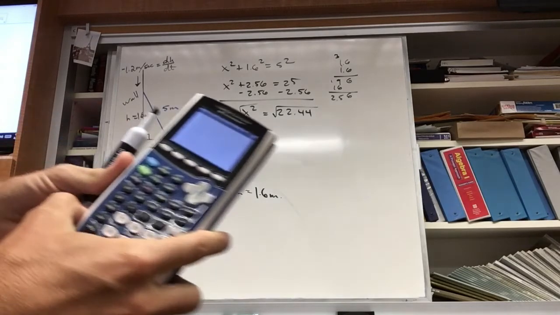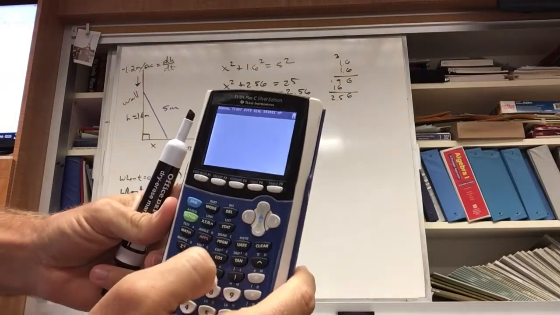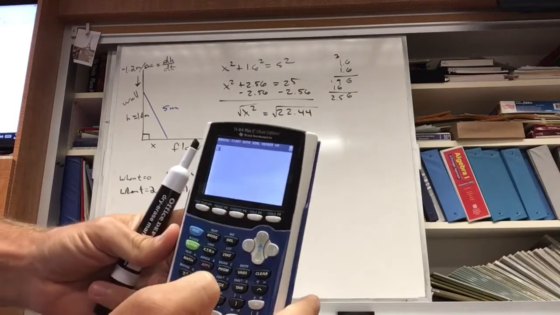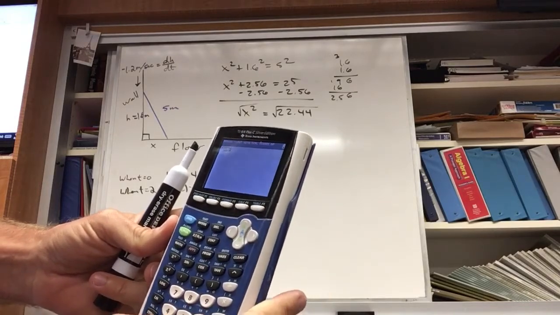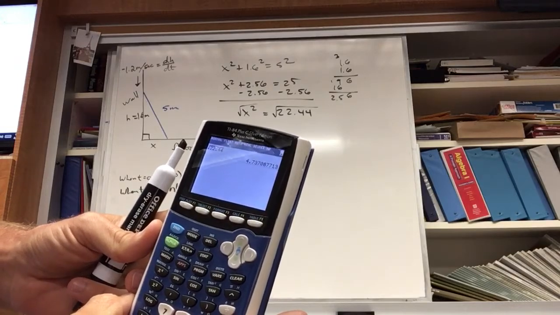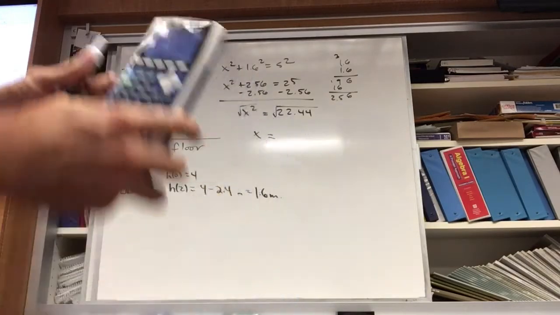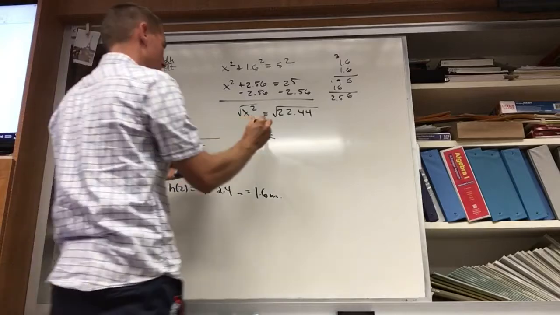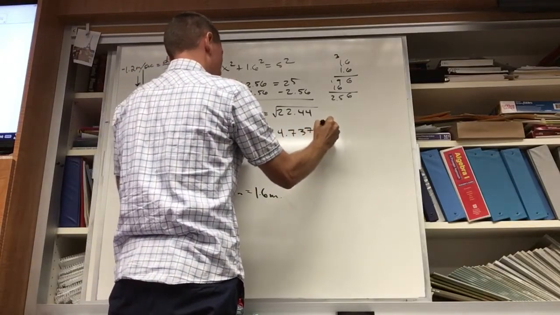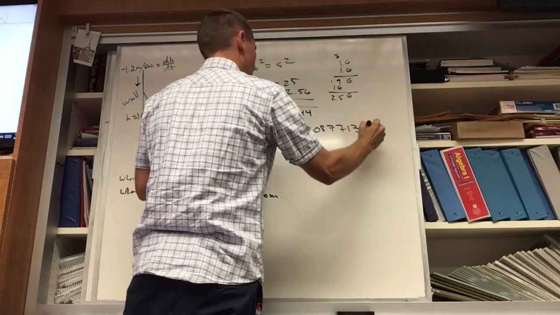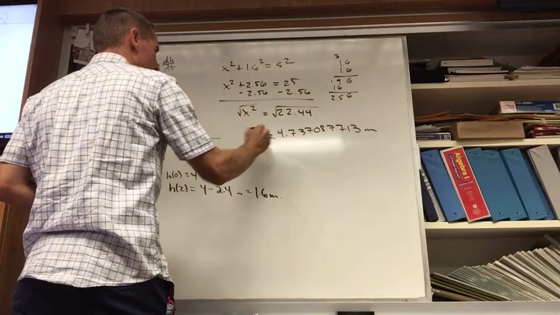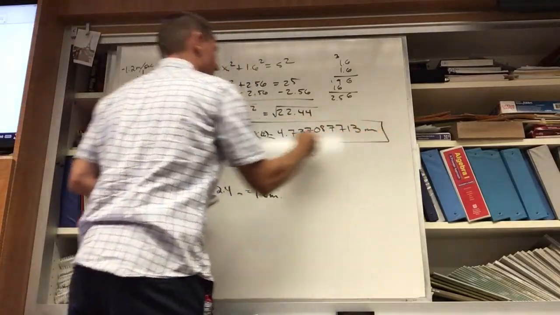All right, so we're going to do the square root of 22.44 to get 4.73708 something, right? So that is my x of 2 when t is equal to 2.